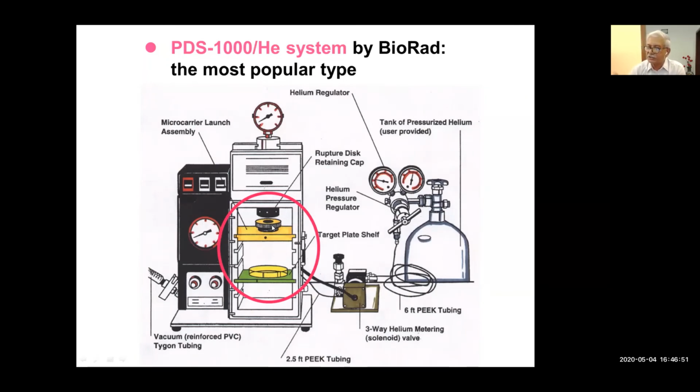You just drop with the help of a micropipette about 5 microliter of that mixture in the center of that macro carrier disk. And it immediately starts spreading and drying. So those gold particles or tungsten particles coated with DNA dry on the surface of the macro carrier.